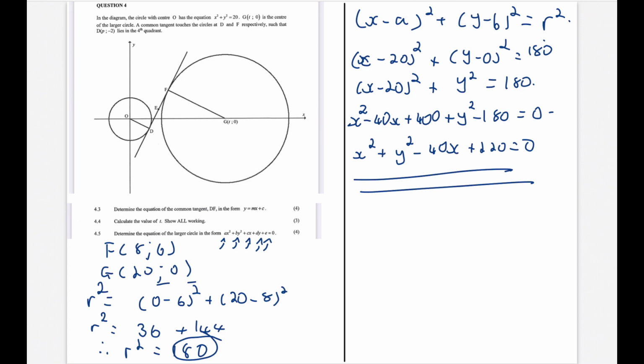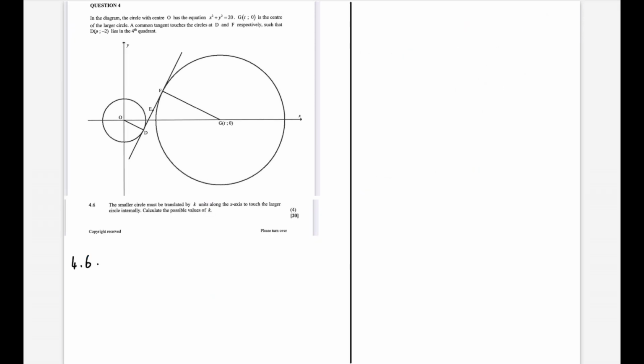Great, let's look at 4.6. Matriculants, 4.6 is a bit of a tricky one. It says the smaller circle must be translated by k units along the x-axis to touch the larger circle internally.